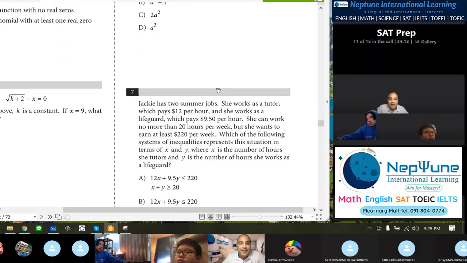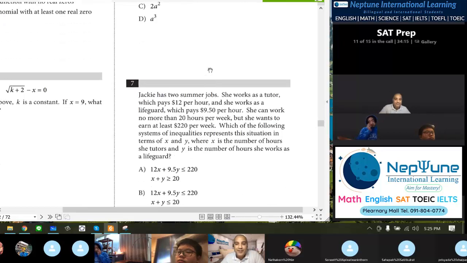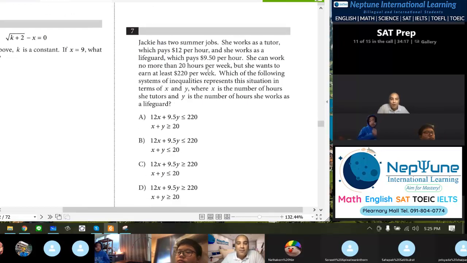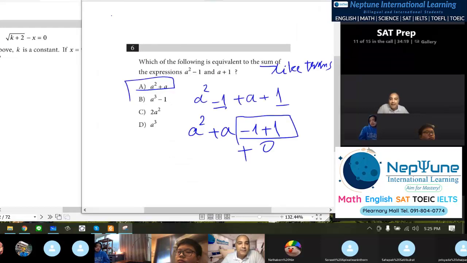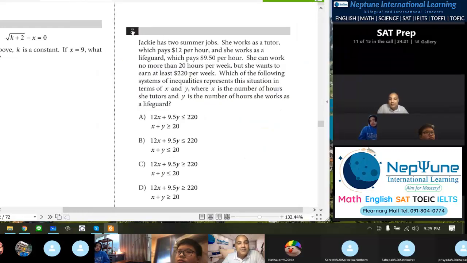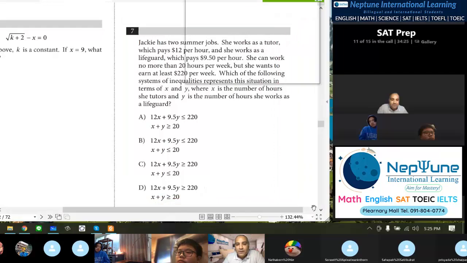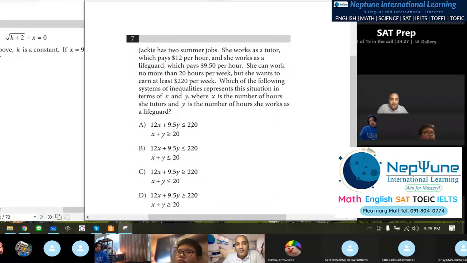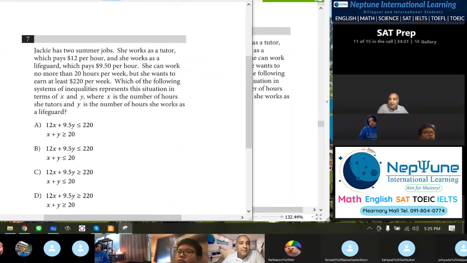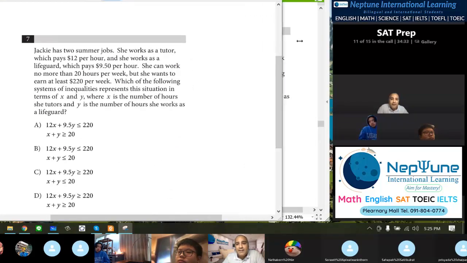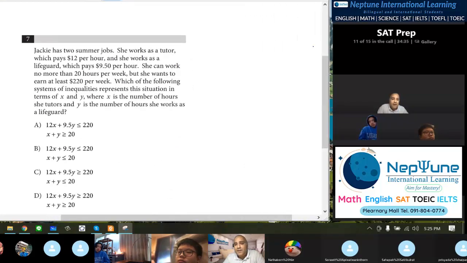Moving on to part 7. Again, word problem. Don't be intimidated. Just break it down, make it easier, and relate it to what you know. This is a good hint to me because I need to write a system of linear inequalities. When you have a system of linear inequalities, you have something plus something, at least something, or a maximum something.